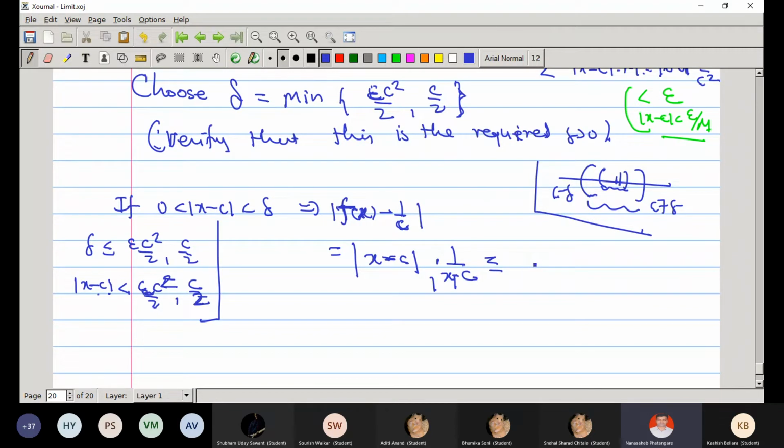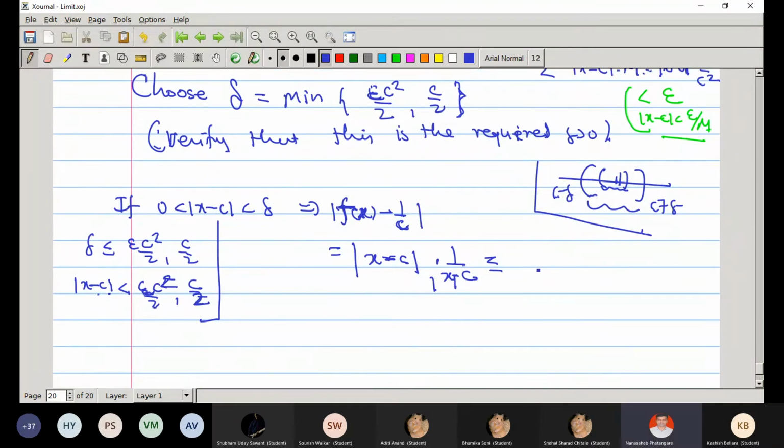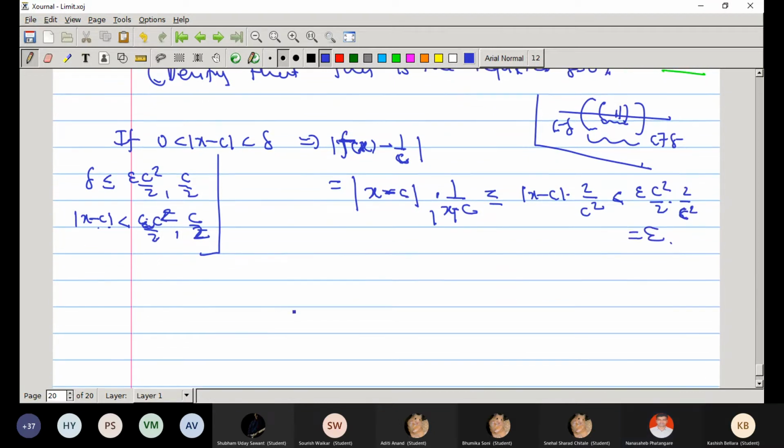And what was our m? Was our m 2 upon c square? x minus c into 2 upon c square. But x minus c is less than delta, so x minus c is less than epsilon upon m, which is epsilon c square by 2. So epsilon c square by 2 into 2 upon c square. So this 2 and c square get cancelled, what remains? Epsilon.